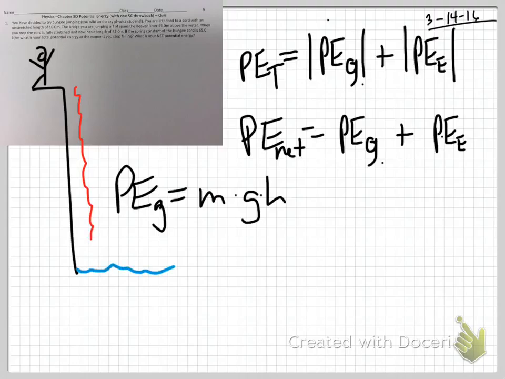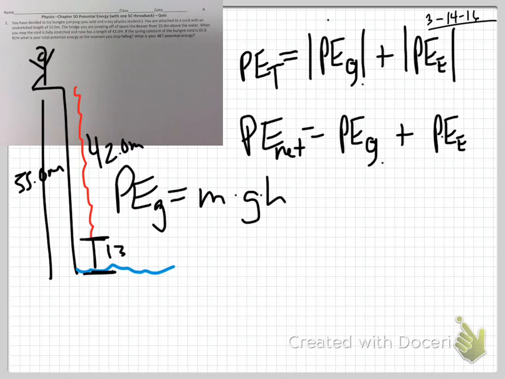We said that the bridge was 55.0 meters high, and the extended length of the bungee was 42. So the difference between those is 13 meters. At the point when they stop falling, there are 13 more meters that they could fall, and so that's the height above the reference point. We're using the surface of the water as a reference point.